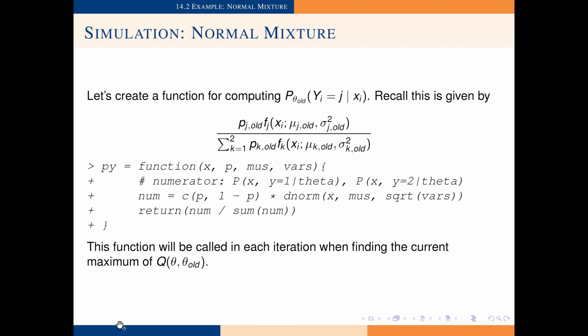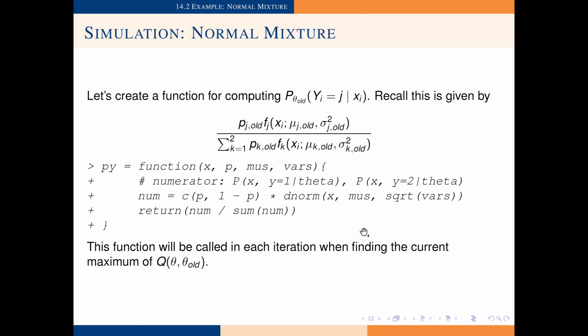Let's create a function for computing an important probability that comes into almost every step of the EM algorithm, which is conditional on the current parameter estimates and the xi, which is the observed x for the ith observation. What is the probability that the group membership for sample i is equal to j?